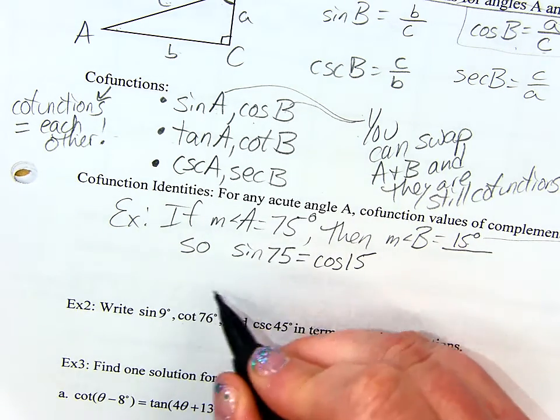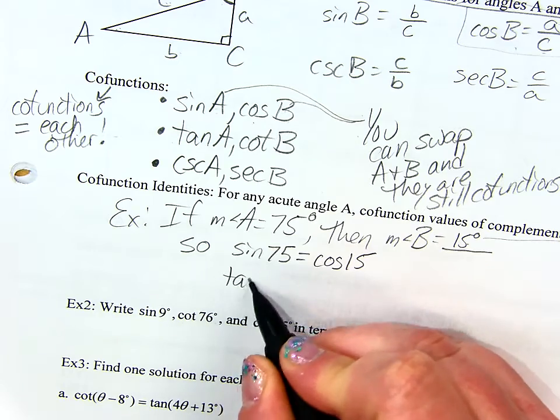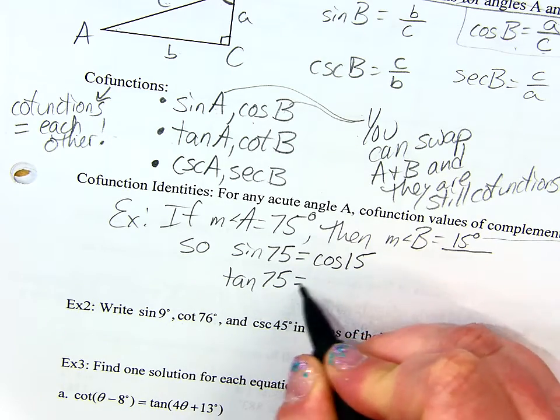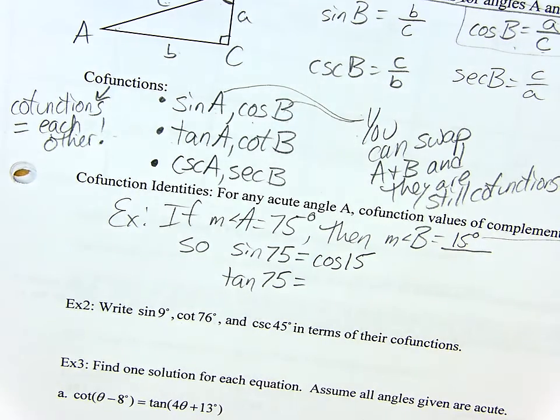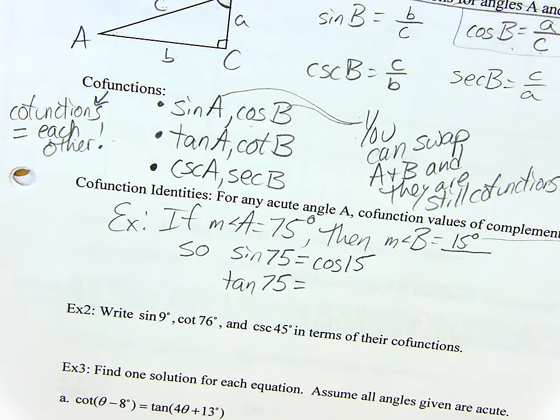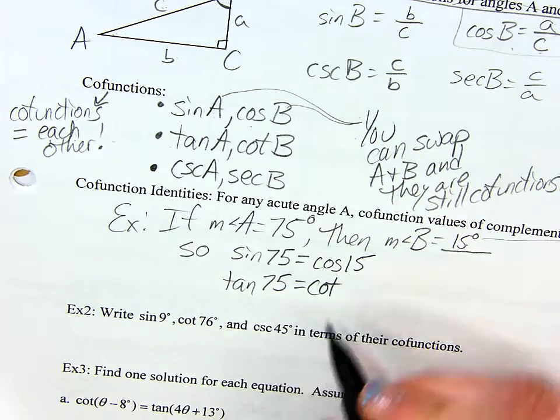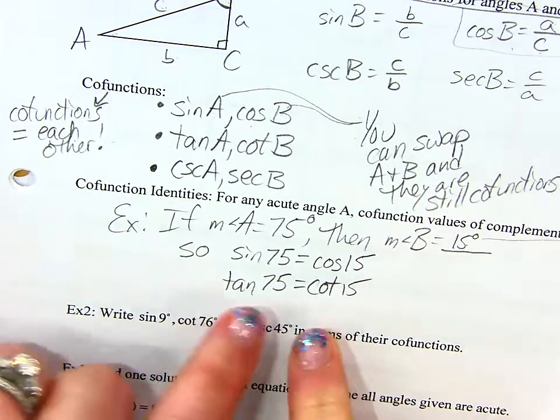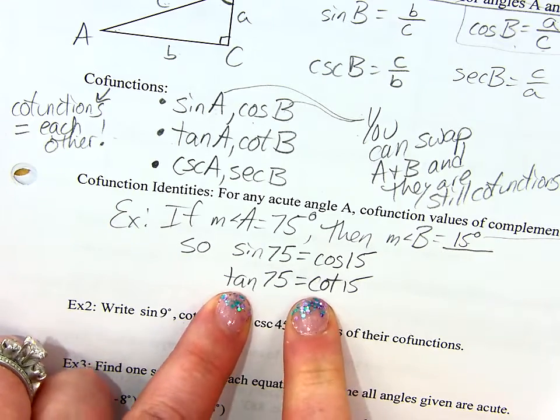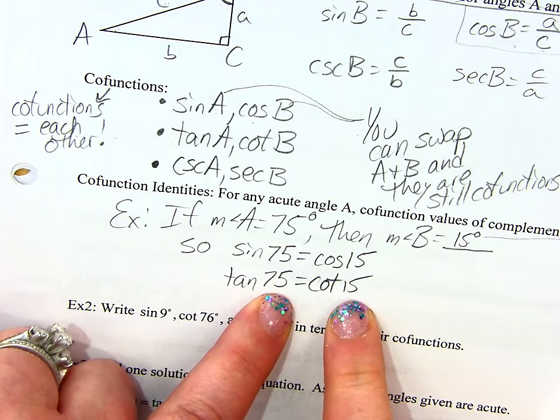Let's say tangent of 75 would have to equal what? Well, who's the cofunction pair with tangent? Cotangent. And it would have to be of 15. These two have to be a cofunction pair. These two have to be complementary.